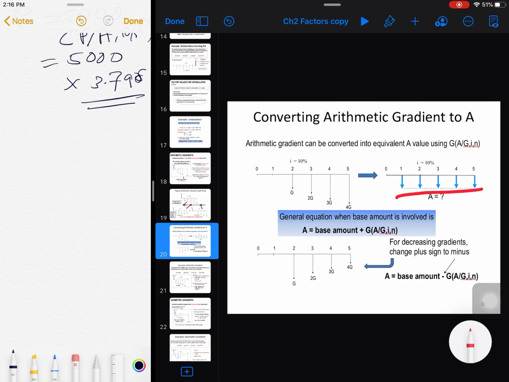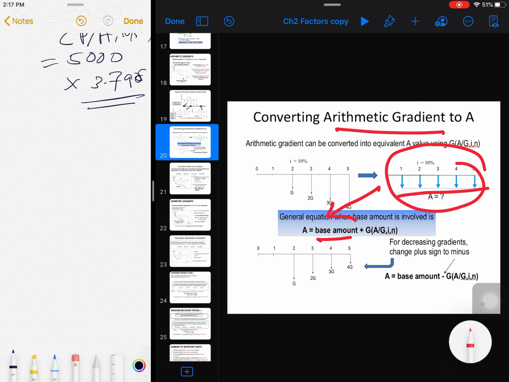So you can have an equivalent diagram like this. And the general equation when base amount is involved is the base amount plus G(A/G, i, n). So the equivalent A value is the base amount plus that. You got to remember this when you do arithmetic gradient problems later on.